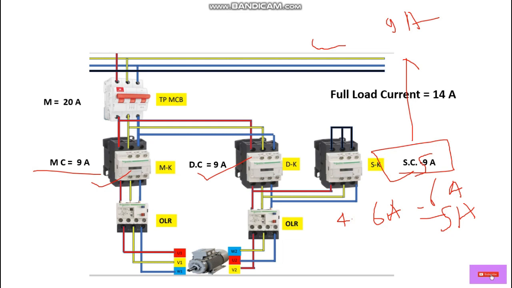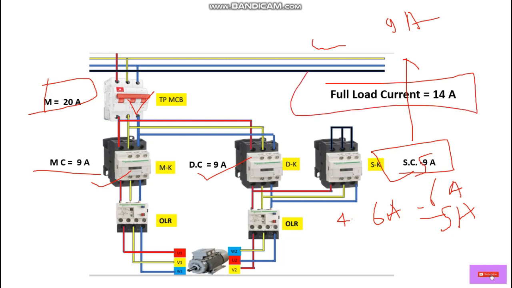Okay, and this is the circuit breaker. In a previous video I have already discussed how to select the circuit breaker size. Generally what we have to do, we have to take the full load current, so this is the full load current, and simply multiply with the safety factor, which is 1.25.